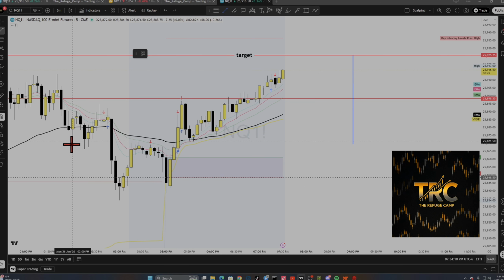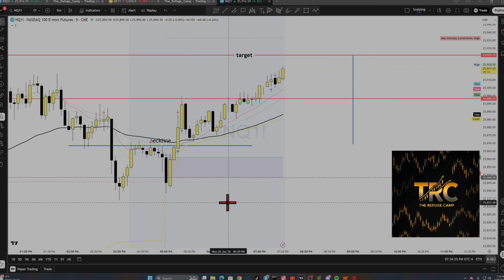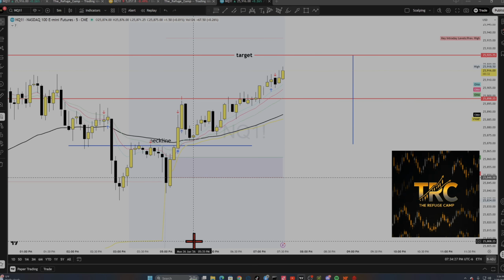For me, I use the top of the bodies of the candles where the reversal occurred. It's like setting a level. This is called the neckline. And I'm going to label it that way so anybody that watches this video understands what we're talking about.